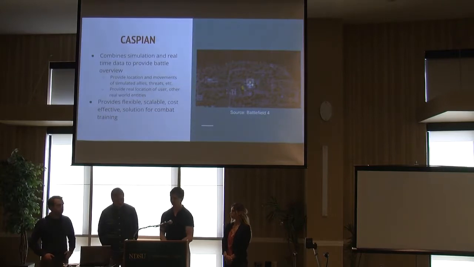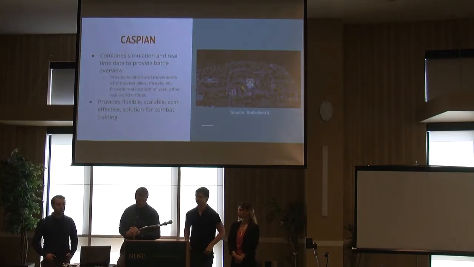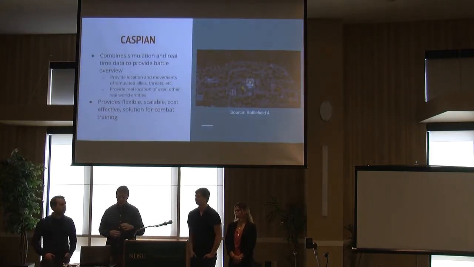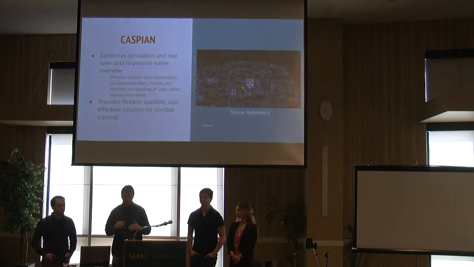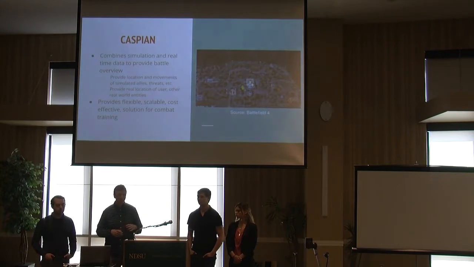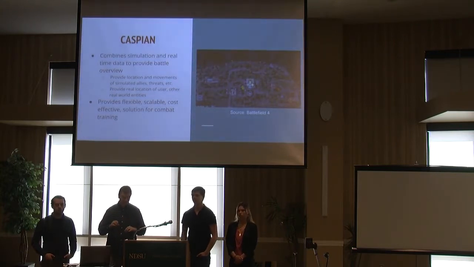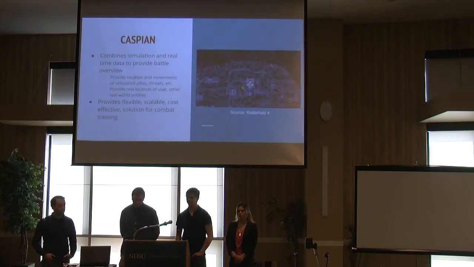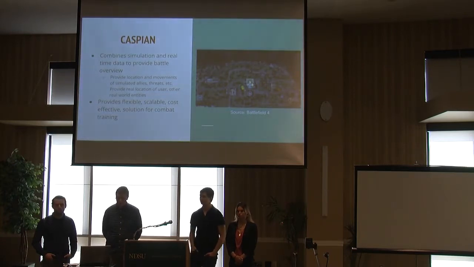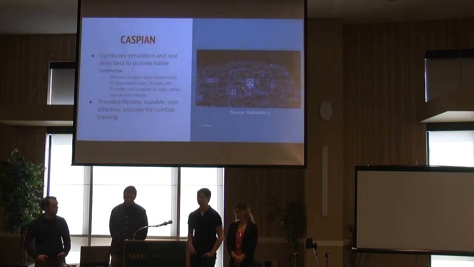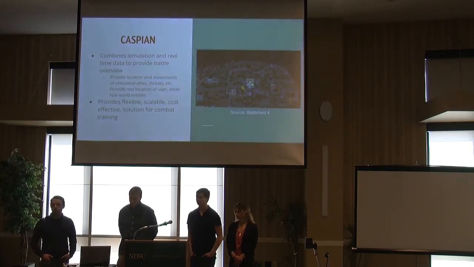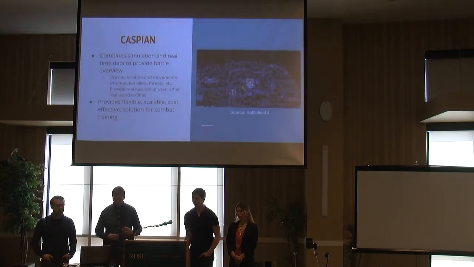Okay, so we are using Caspian, which uses a simulation to provide real-time data, so kind of like a mini-map on a video game like Battlefield 4, where it shows helicopters and ground troops and stuff. It provides a flexible, scalable, cost-effective solution for combat training, so it helps get things done.